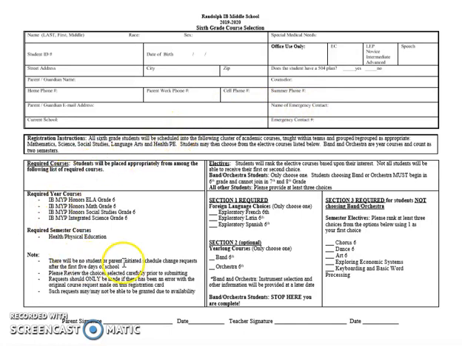If we come down here to the left-hand bottom corner, you see information over our required courses. These are our core classes that are required in the state of North Carolina, along with health and physical education. Down here in the notes is some additional information about course requests and schedule changes and how we go about those processes.